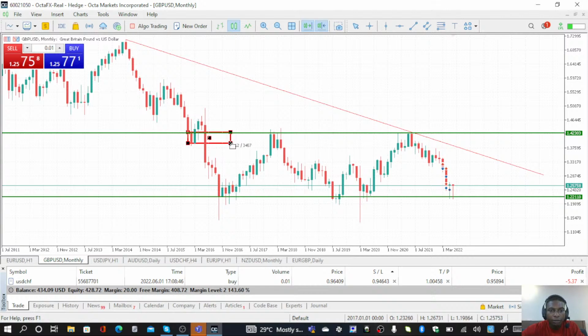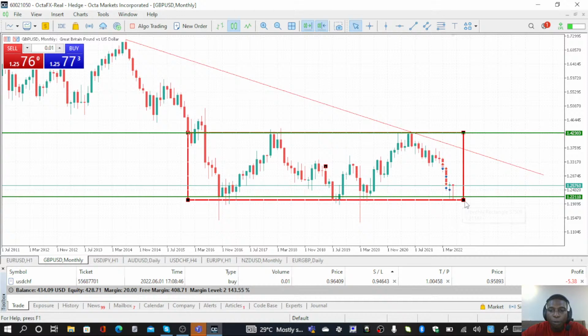Look at this region, this rectangle where I placed this box. You will discover that the market has been consolidating at this level. The market came down here, went up to this level, came down here again, went up to this level. Obviously, you will see that the market has been ranging between this resistance level and this support level.